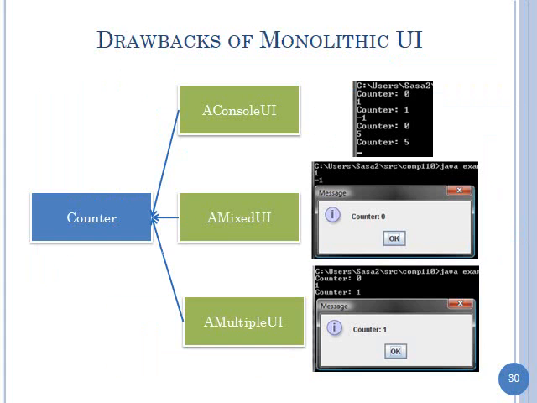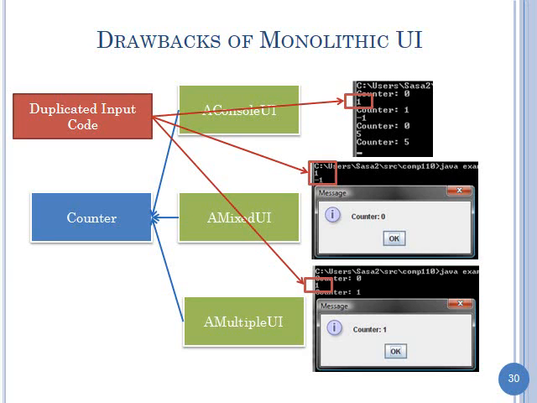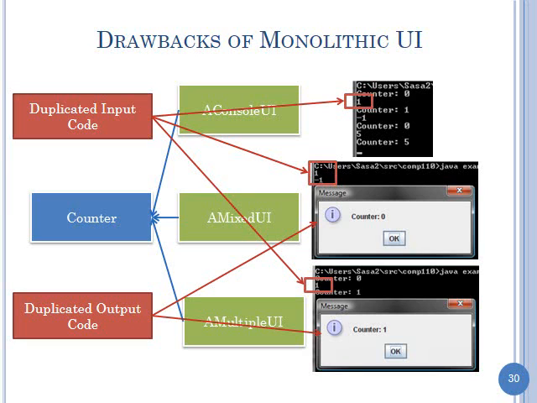Okay? And the drawback of monolithic UI is that I have the same way of inputting in all three schemes. In all three schemes, I'm inputting from the console. All I'm doing differently is output. And so the input remains constant, the output changes, and I haven't used that separation in my code. Okay? So I need to go and separate that. And so this is duplicated input code, which remains constant everywhere.